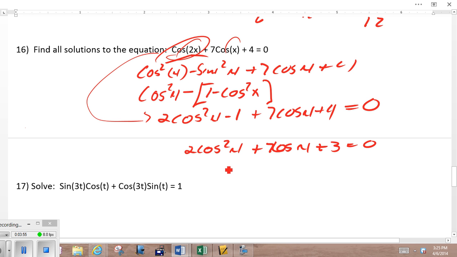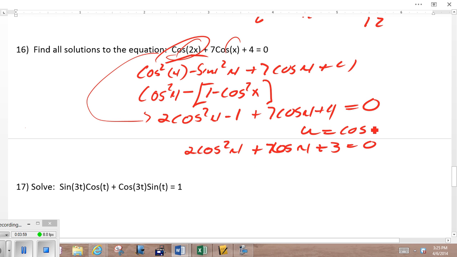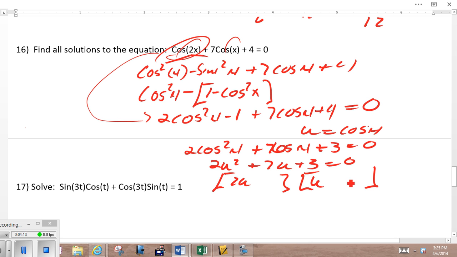So allowing u to equal the cosine of x, we can see that this is 2u squared plus 7u plus 3, which of course should factor as 2u plus 1 times u plus 3. So u is equal to negative 1/2, and u is equal to negative 3.